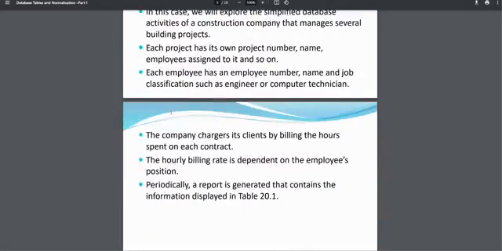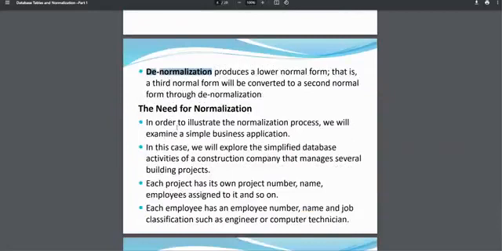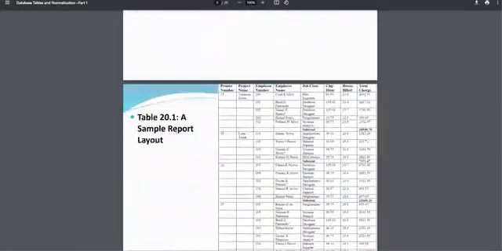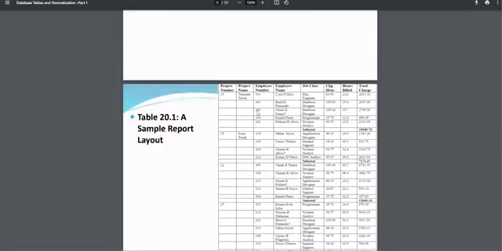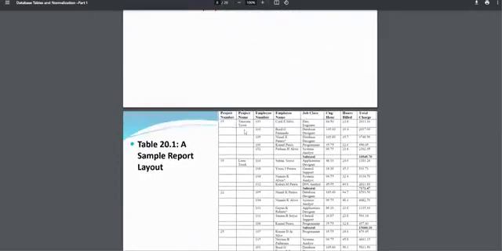Then we discussed one example regarding the requirement of performing normalization of tables or databases. If we consider this as a table, look at these things: there are some empty cells.